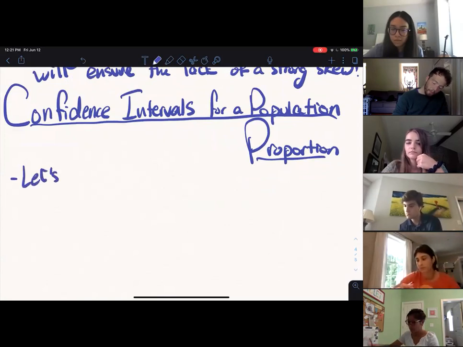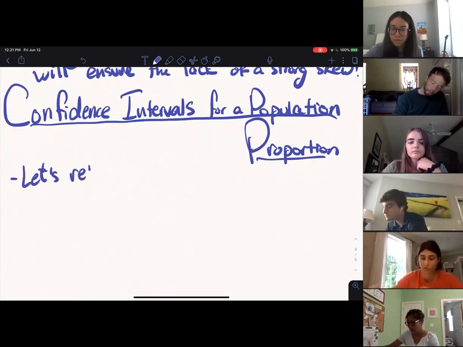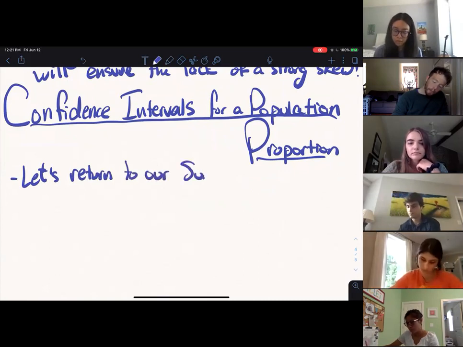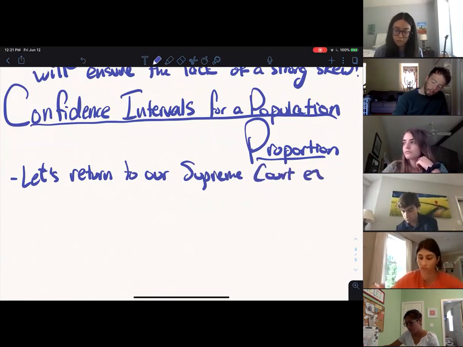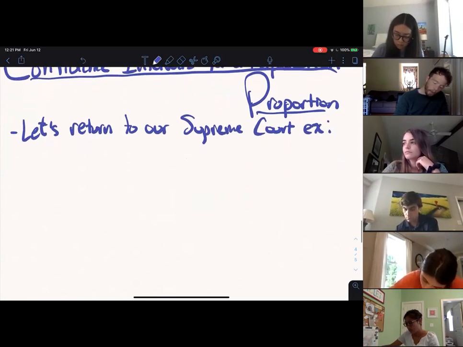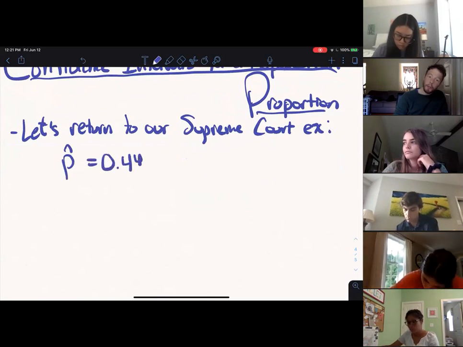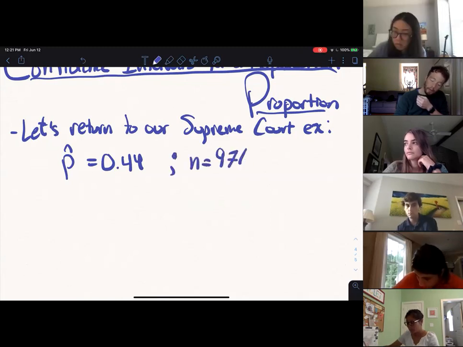So let's return to our Supreme Court example. Remember, they did a sample and they got 44% of people seemed to approve, and that was from a sample of 976 Americans.